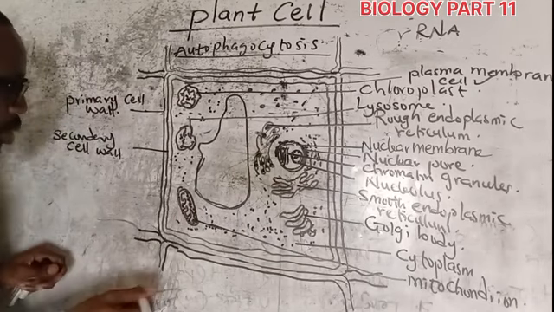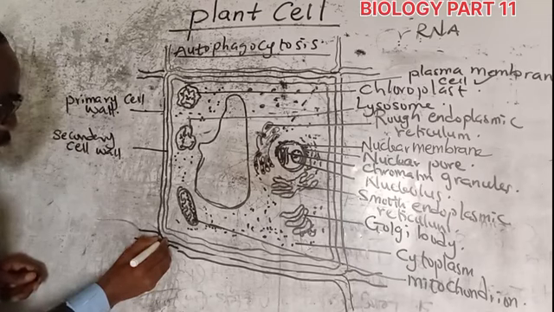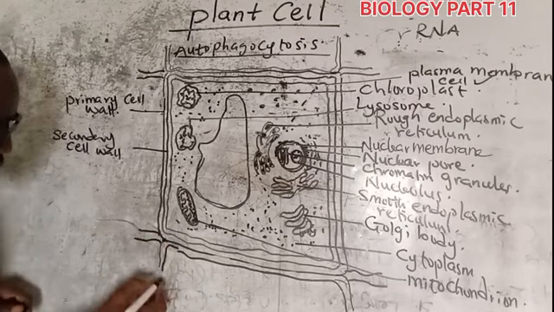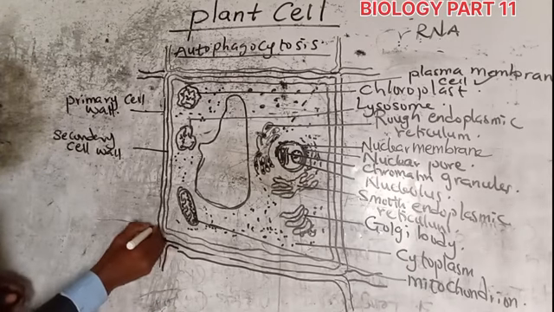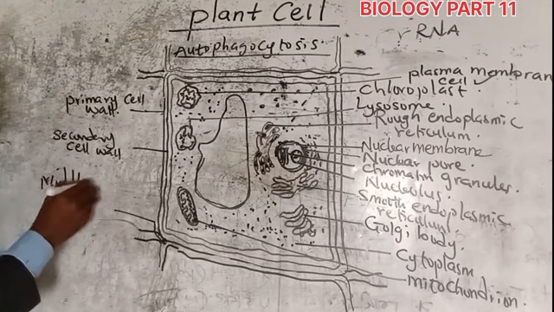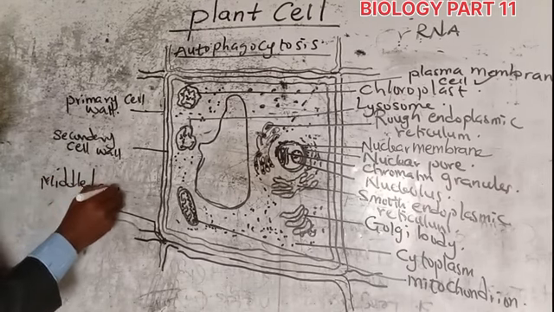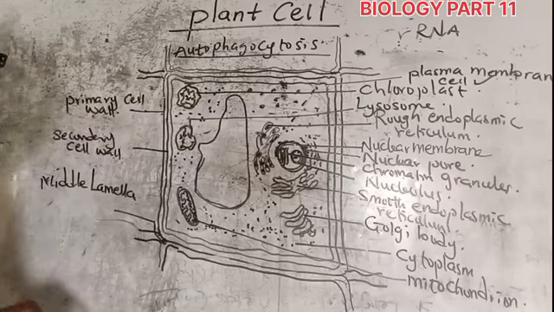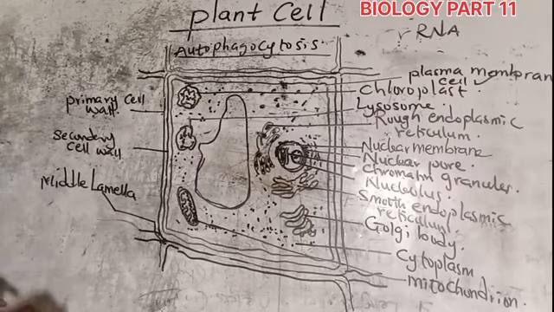Okay. Now, around this region, can you see it? Yes, you can. So this place here is called the medulla. I hope you can see it. So this is your middle what?